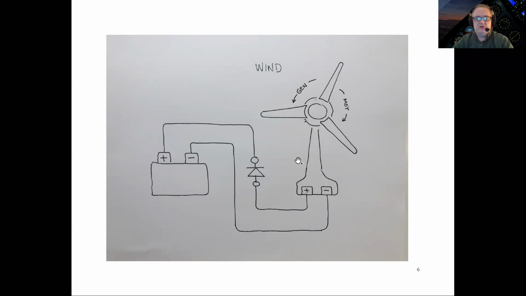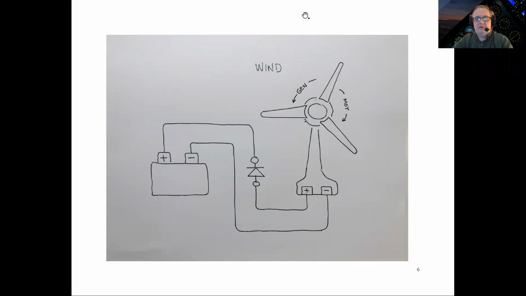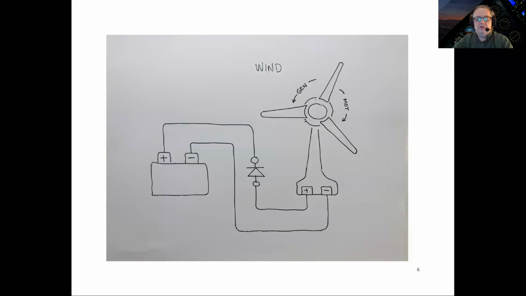So we would see some current coming from the actual positive terminal, and then it would be flowing down through that diode and to the positive terminal.